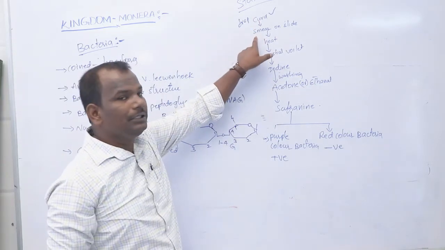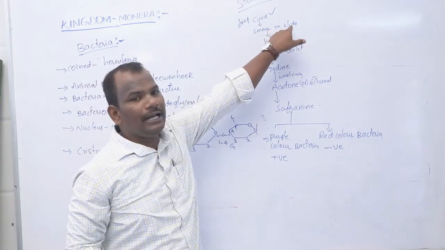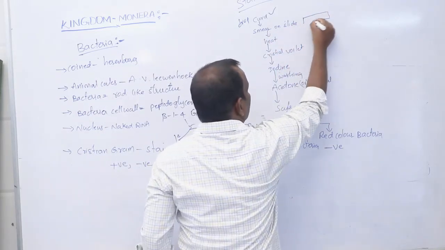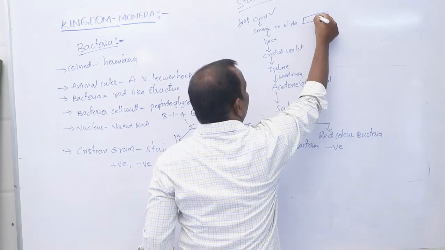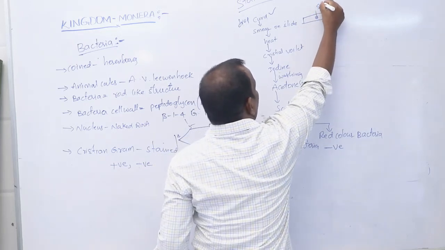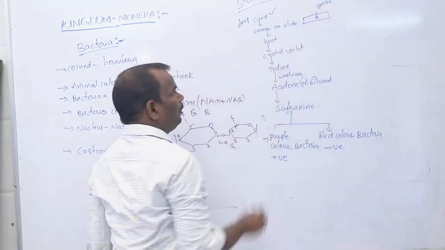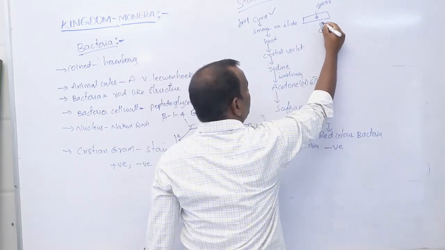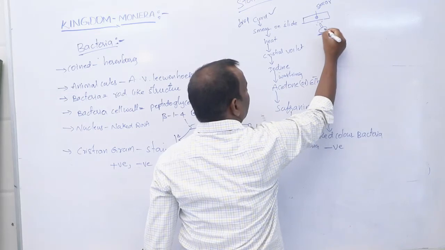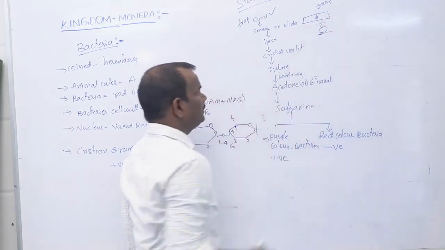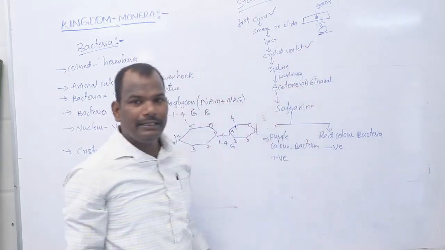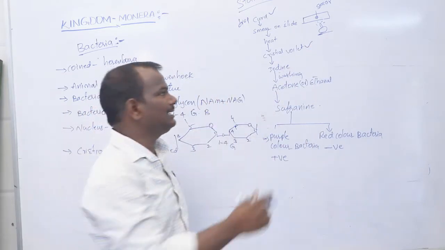Then we are preparing a smear on the slide. Next we are giving heat. Then we are adding the crystal violet stain.